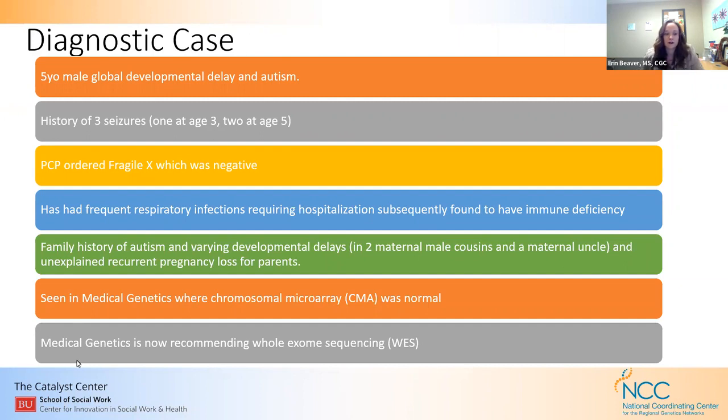And he's already had Fragile X testing, which was normal. That was with his PCP. He has had some frequent respiratory infections and was found to have an immune deficiency. And he has a family history of autism and developmental delay, as you see here. So he was seen in medical genetics where they did a microarray, which was normal. And now it's time to do a whole exome sequencing.